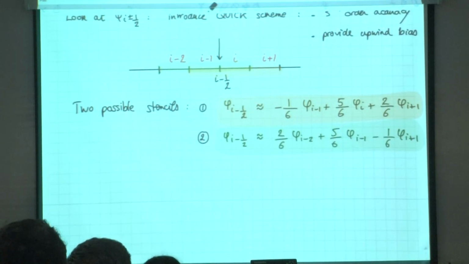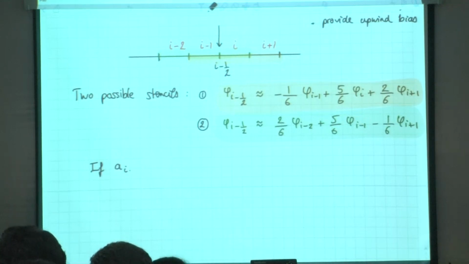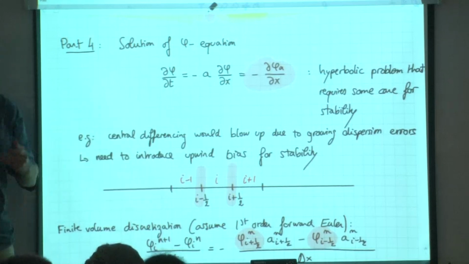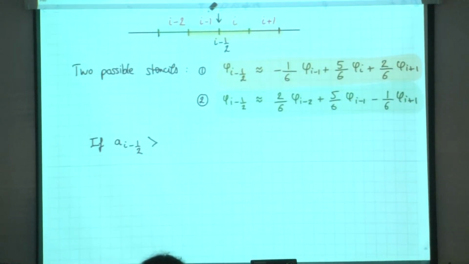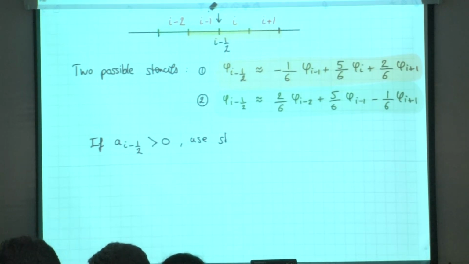So we have 2 third-order discretizations available to us, and we're simply going to pick the one we use based on the local flow direction. It's going to boil down to this. A sub I minus 1/2, the A at our face, I wrote A here for this made-up little 1D problem, but it's really our velocity. So if our face normal velocity is positive, the flow is going from left to right.